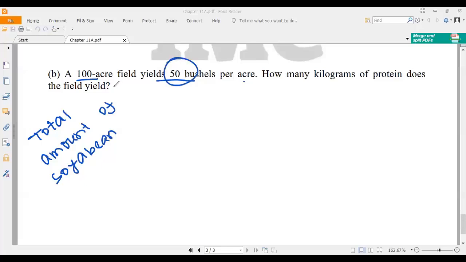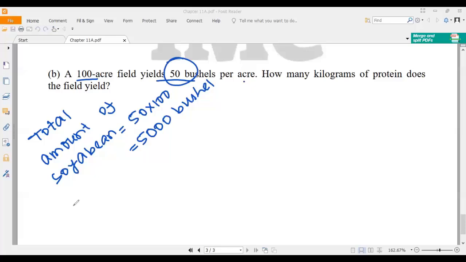So from 100 acres, we will get 50 multiplied by 100. That means 5,000 bushels of soybean. This is the first part. And we already know from question number A, from 1 bushel, we can find 47.4 kg of protein. I hope you remember.